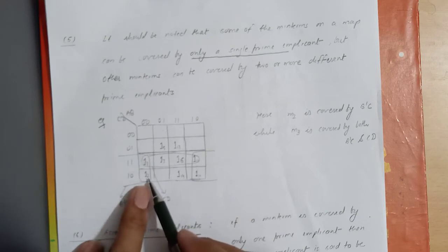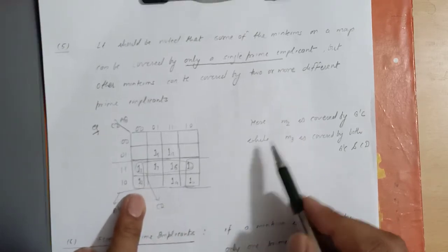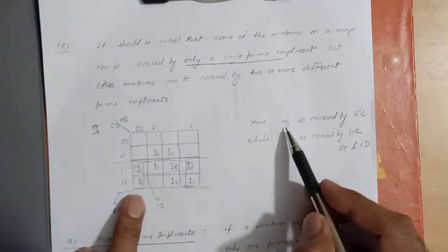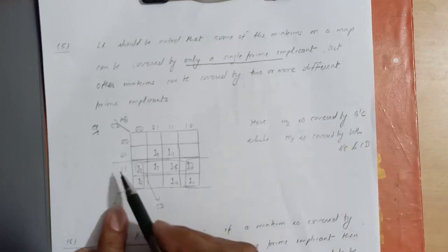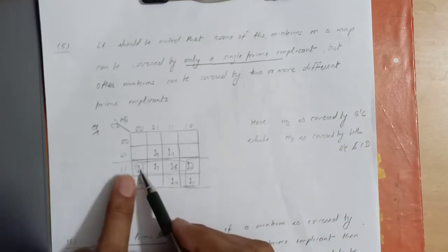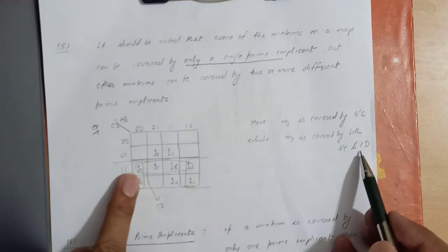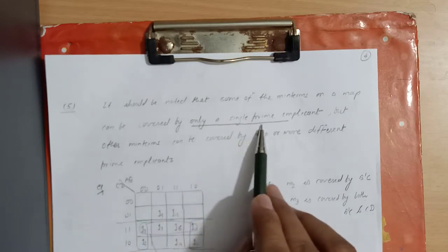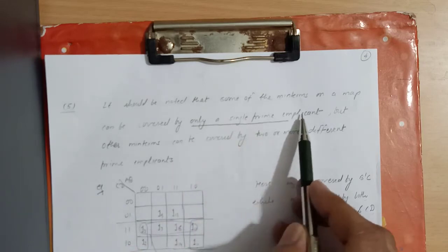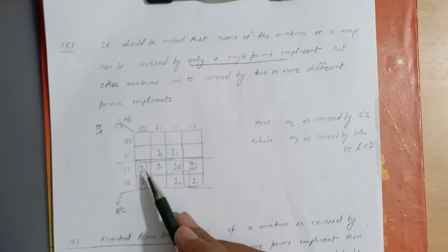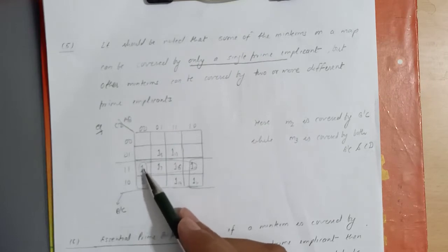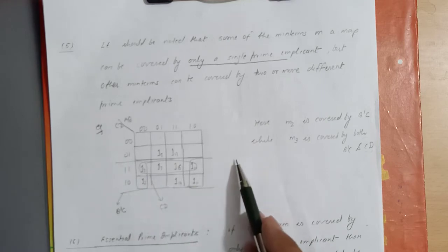So minterm 2 is covered by one term, while minterm 3 is covered by these two terms. So on a K map there are certain minterms that are covered by only a single prime implicant, while other minterms, such as minterm 3 here, are covered by two or more prime implicants.